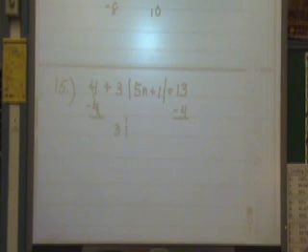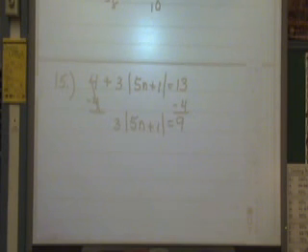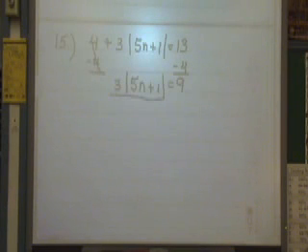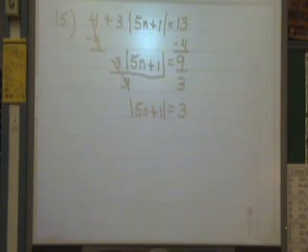You have 3 times the absolute value of 5n plus 1 equals 9. Now what? Subtract. Oh, no, divide. So now you have the absolute value of 5n plus 1 is equal to 3. Now the compound sentence.